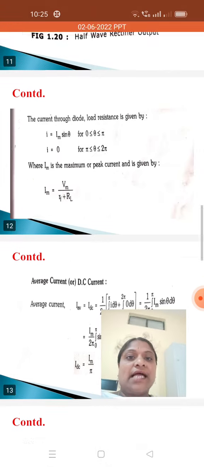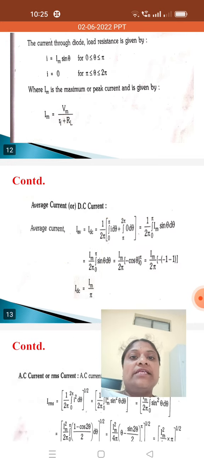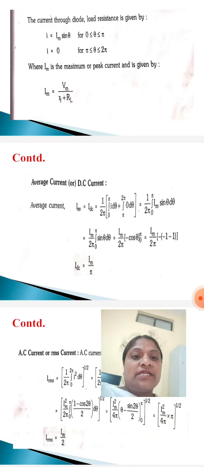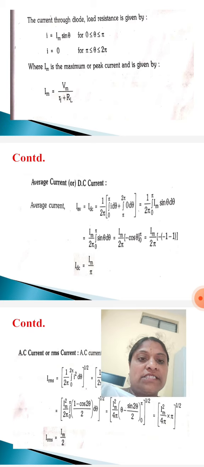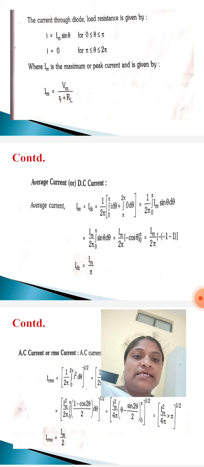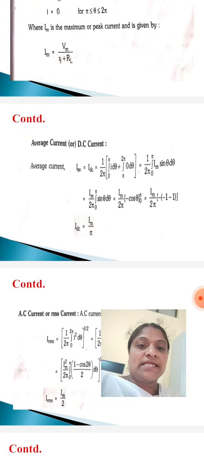Here you can substitute i = Im sin theta in this equation. That is 1/2pi integration 0 to pi of Im sin theta d theta. Im is a constant, so it goes to the left side: Im/2pi integration 0 to pi of sin theta d theta. The integration of sin theta is minus cos theta.